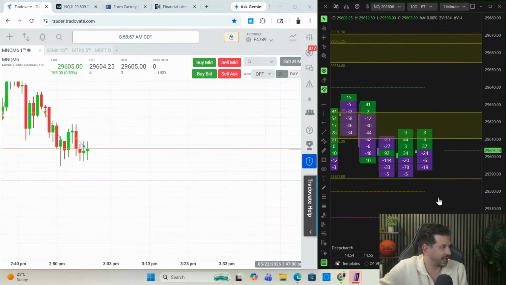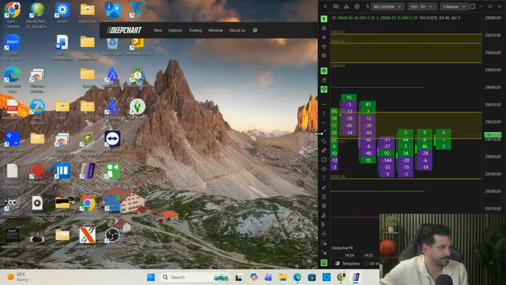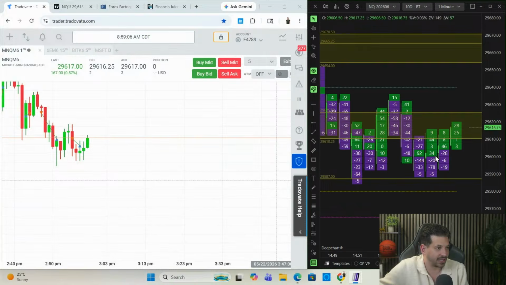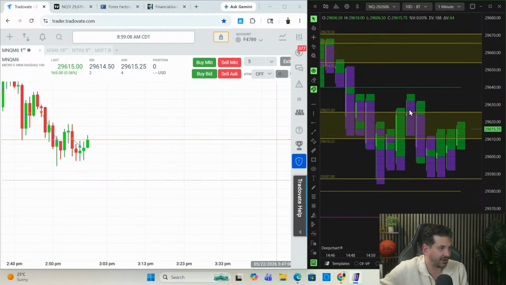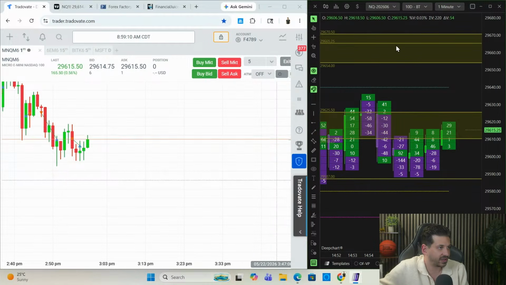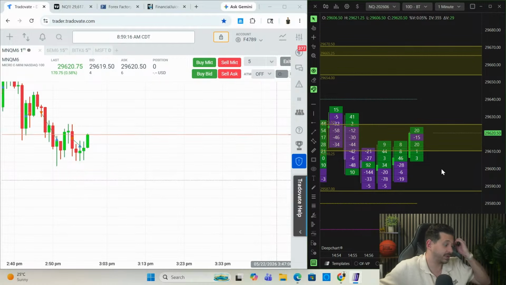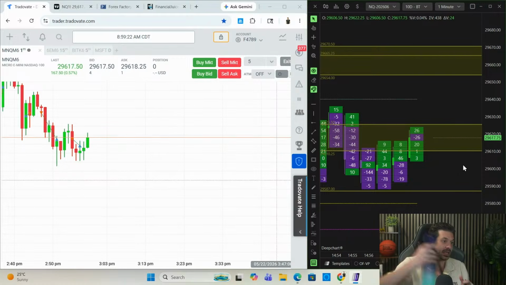It's just not happening. And again, see, buyers taking control. Let's see if the sellers come in again in this area and hold off the buyers. But either way, someone has to break here, because we're not going to get anything otherwise. And yeah, we're just going to be up and down, up and down.